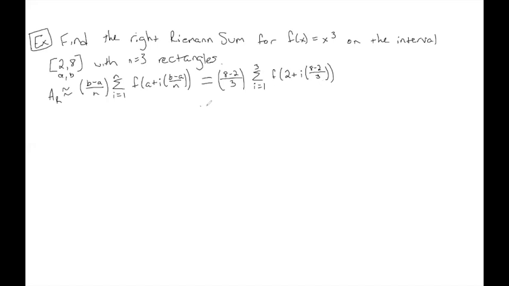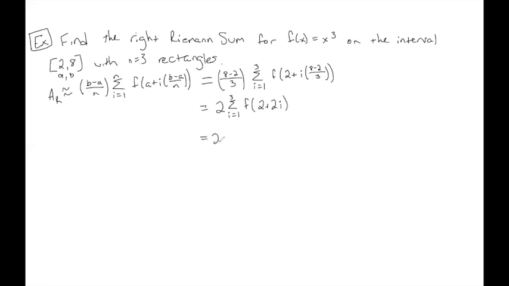All right, we can simplify a little bit. 8 minus 2 is 6. 6 divided by 3 is 2. I equals 1 to 3. F of 2 plus, remember 8 minus 2 is 6. 6 divided by 3 is 2. So I get 2 plus 2i.